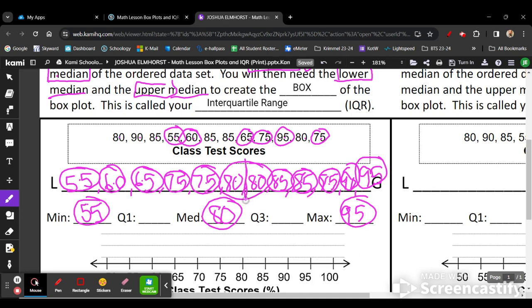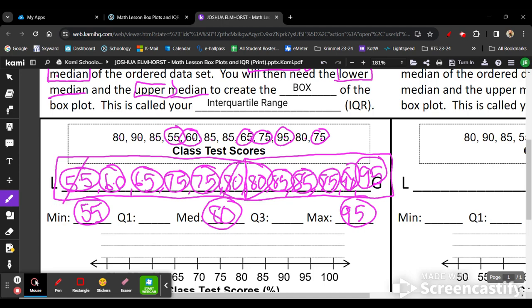So that line that we've been putting in the middle, now use that line to separate the left side of your data, put a box around it, and a box around the right side. So with the box plot, after you separate your data into two sections, now you're going to go to the left side, and then you're going to find the middle of the lower half of your data.